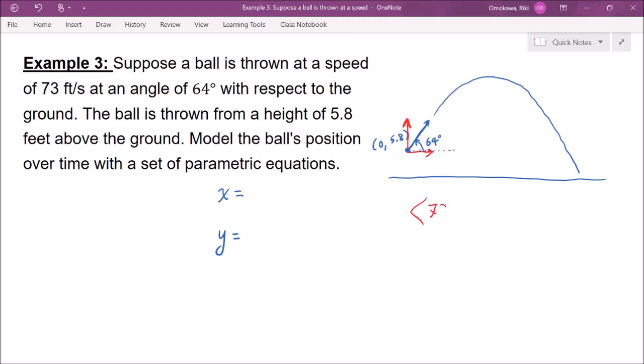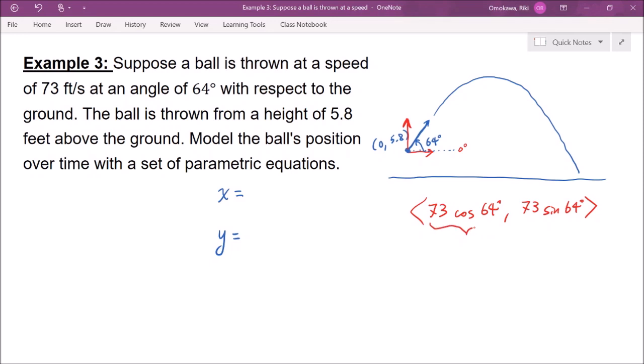So the magnitude 73 times cosine of the angle. Now, this 64 degrees, can we use 64 degrees here? Is this 0 degrees? Yeah. So cosine of 64 degrees, comma, magnitude 73 times sine of 64. This will give us the components of the vector.